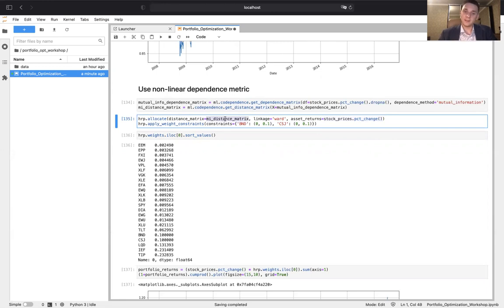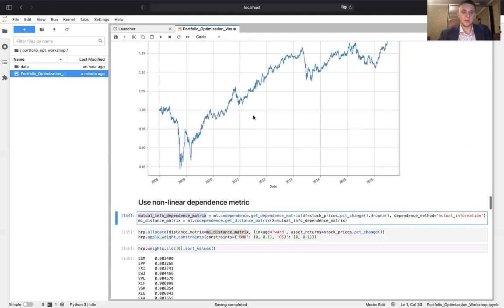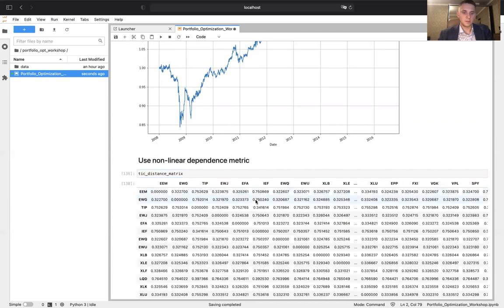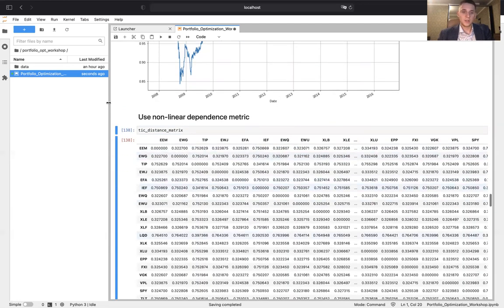But on the other hand, you can use your own distance matrix, which is calculated and created out of the dependence matrix which you would like to use. So here, for example, we can use the zero implied correlation matrix we have calculated previously. Okay, so we have created the zero implied distance matrix.